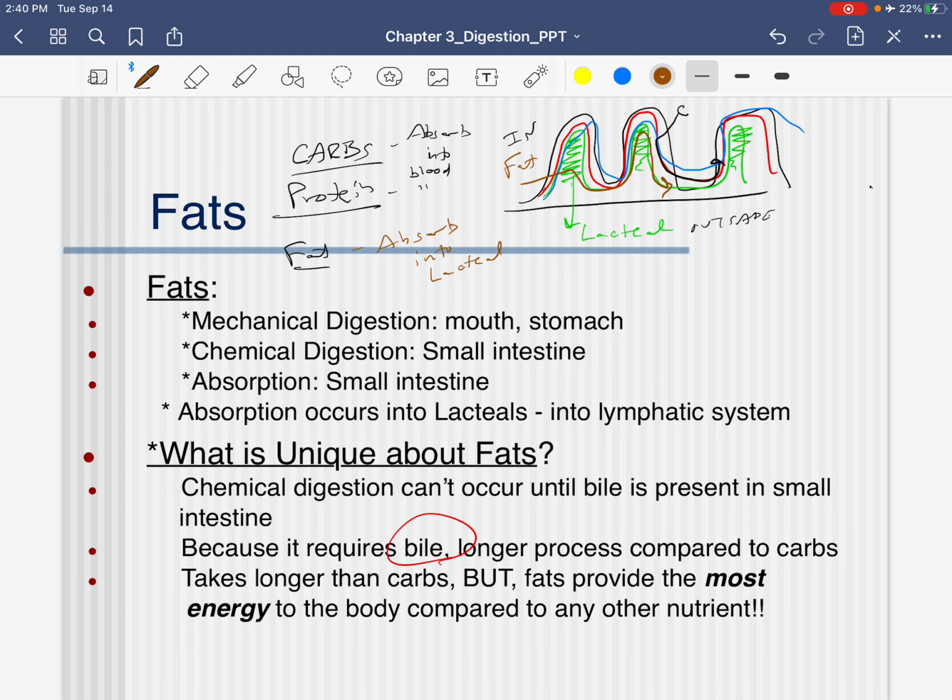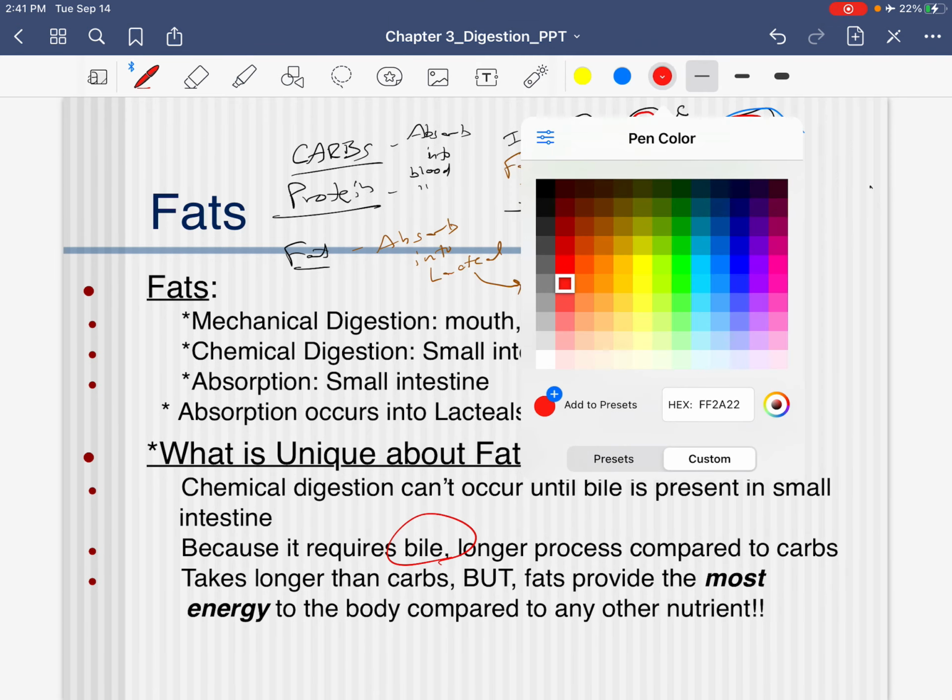So we absorb the carbs and the protein into the bloodstream, and we absorb fat into a lymphatic vessel called a lacteal. Eventually, that lacteal will bring the fat to the bloodstream. But initially, fats are absorbed into the lacteals.